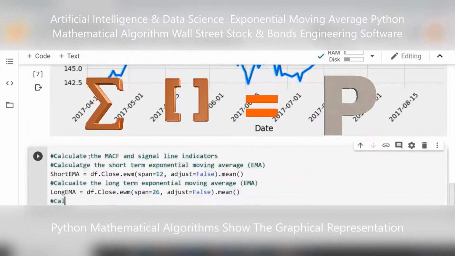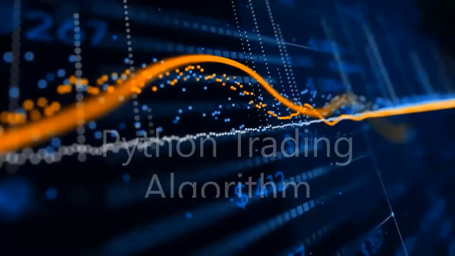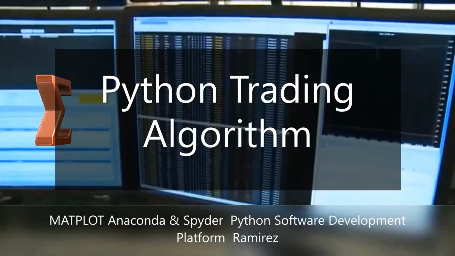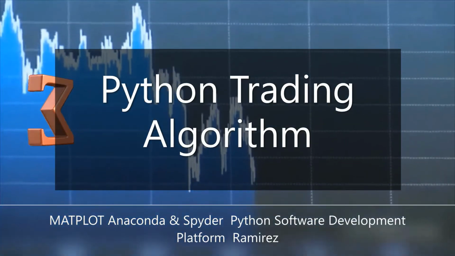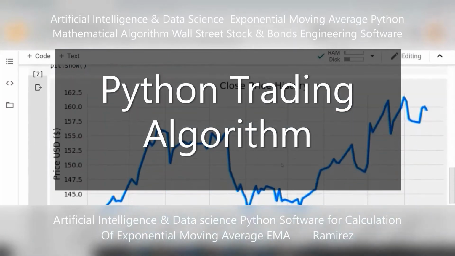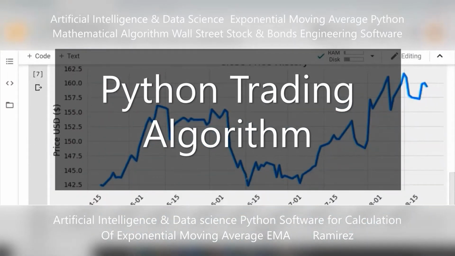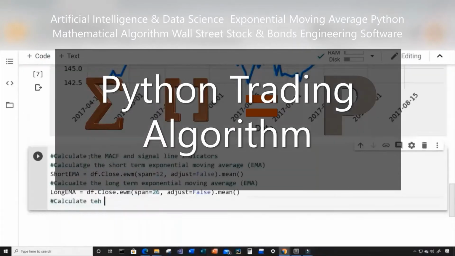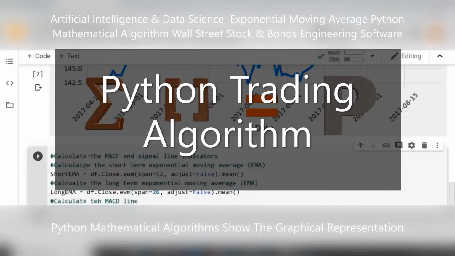The Python mathematical algorithms and models are based on importing the following libraries. First, import pandas. Then you import numpy, N-U-M-P-Y, followed by importing matplotlib.